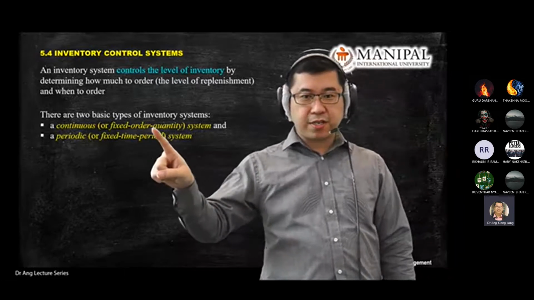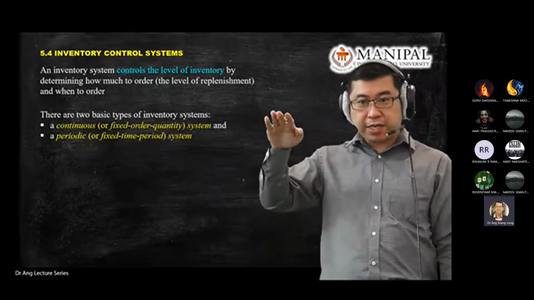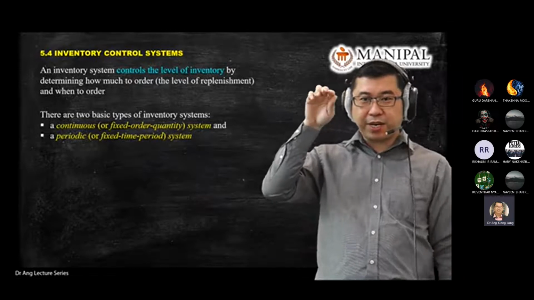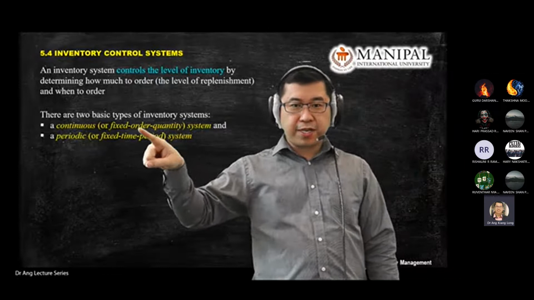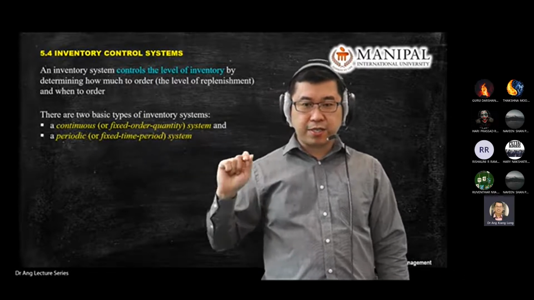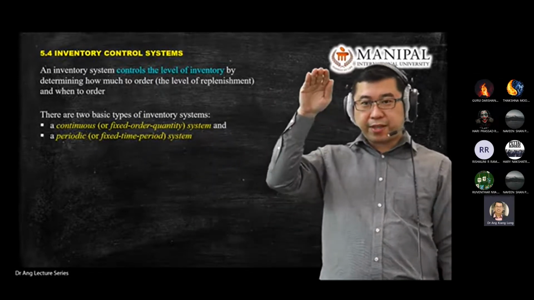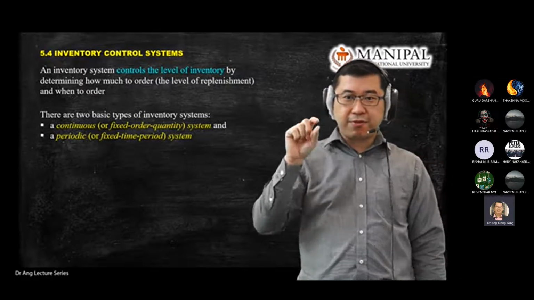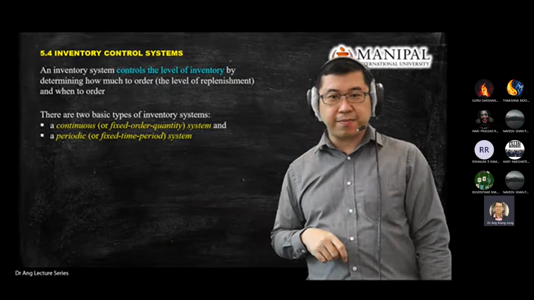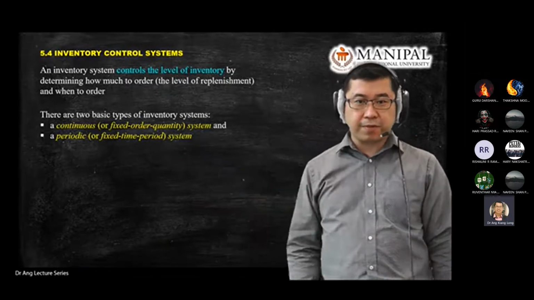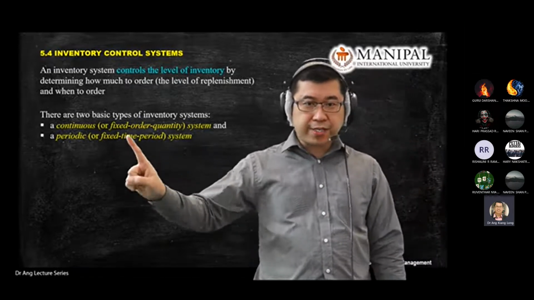It's a fixed order quantity, meaning there's a gauge there, one fixed number. If it's a continuous system or fixed order quantity system, it means if the inventory drops to a certain value, the system will trigger and purchase the item. It falls under continuous.